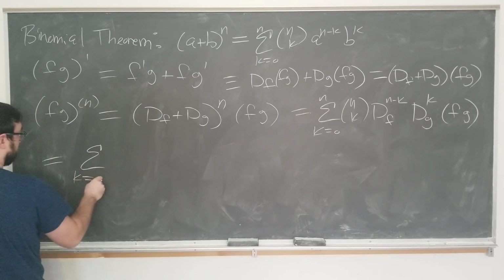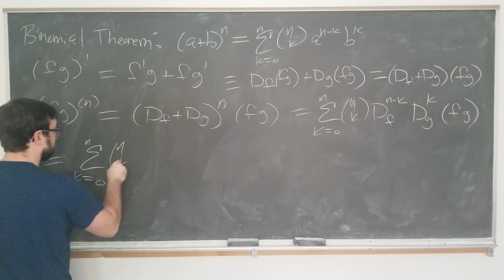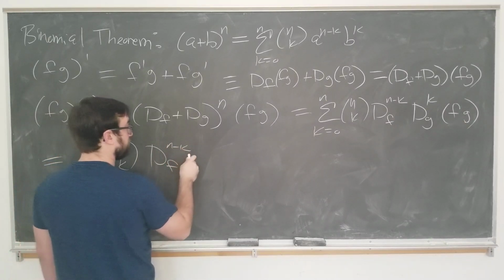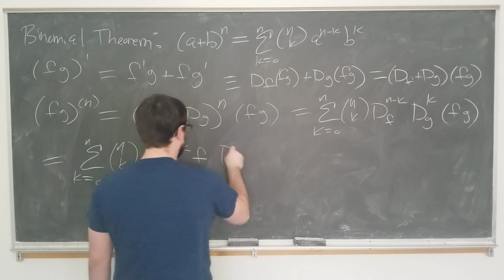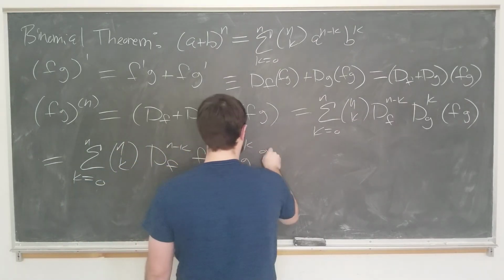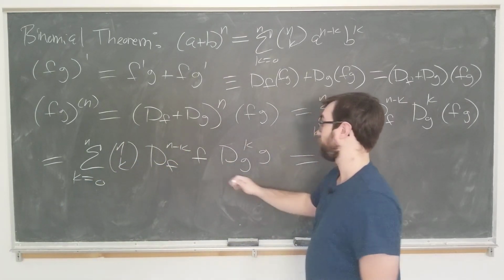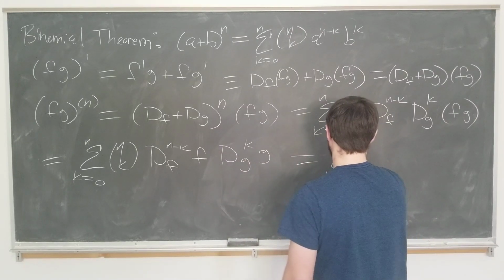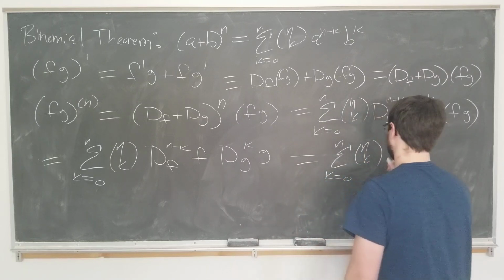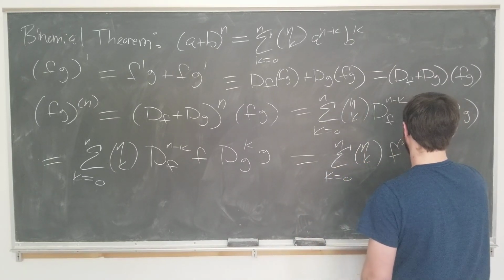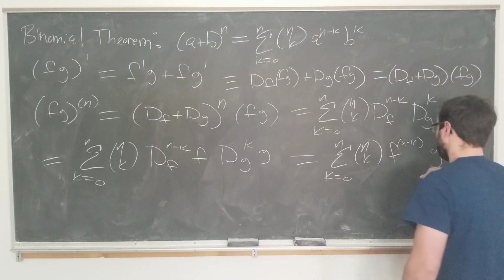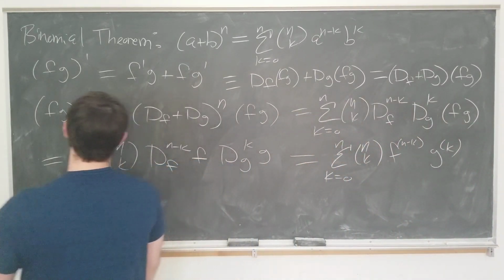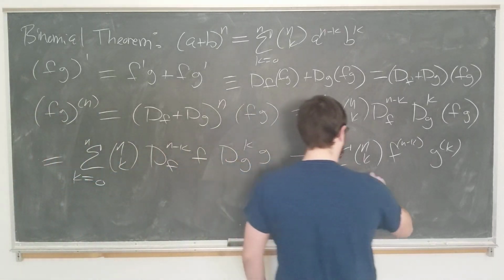Becomes sum from k equals 0 to n, n choose k, the f derivative acting on f, times the g derivative acting on g, which is just, of course, the regular derivatives of both functions. Which is, of course, the general Leibniz rule. And we are down here. Leibniz rule, yeah.